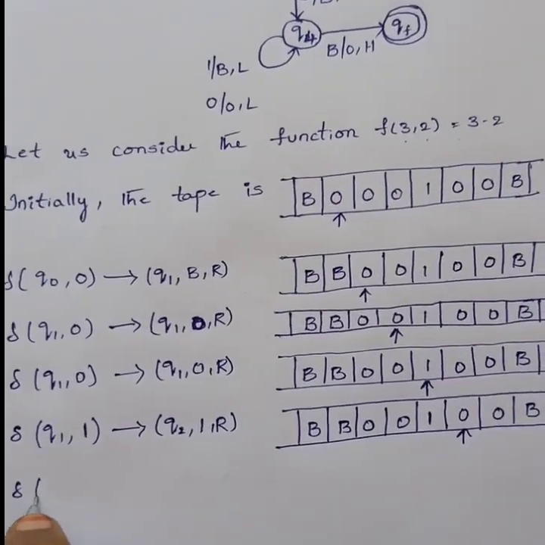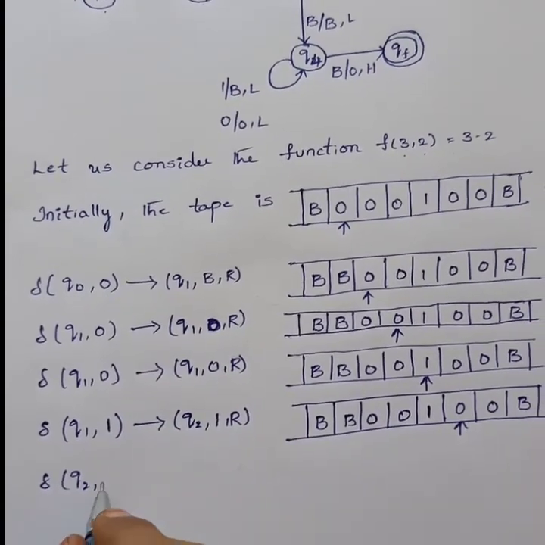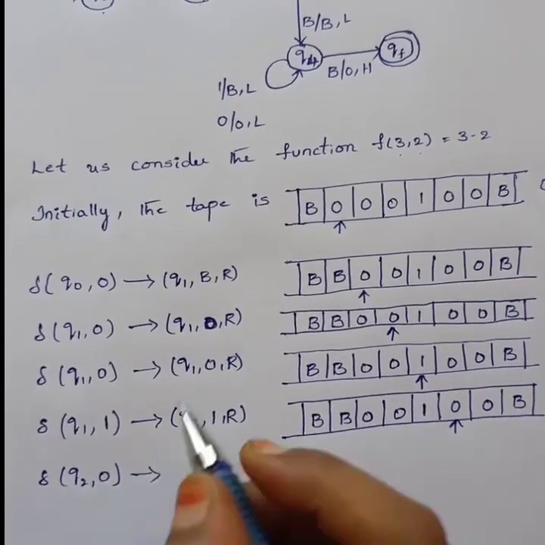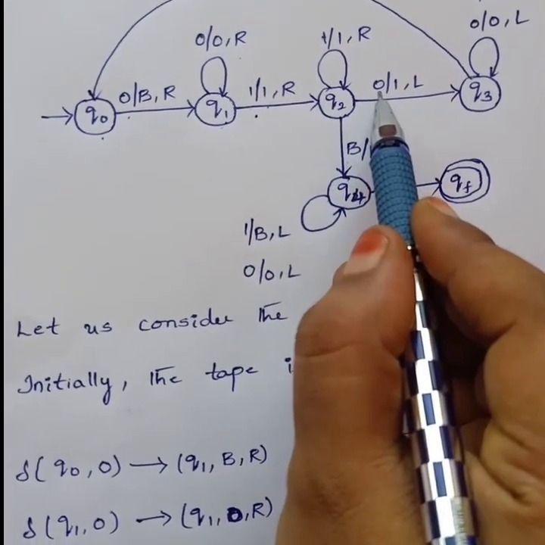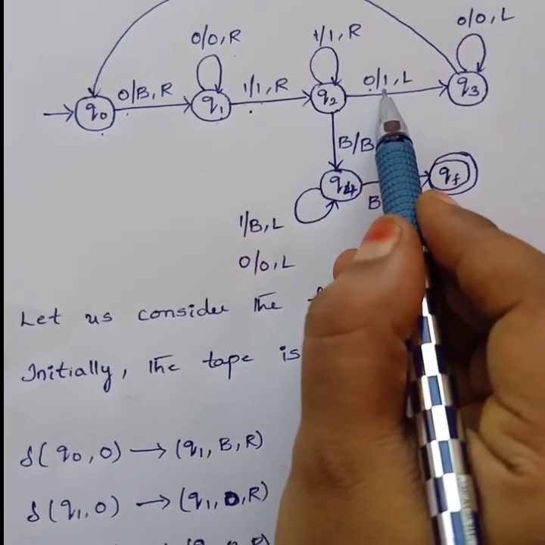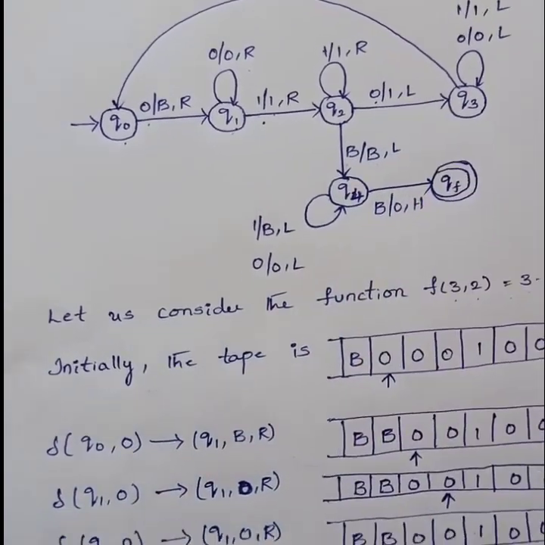Now I am in the Q2 state. What is the input here? 0. In the Q2 state, if I get 0, this 0 is rewritten as 1 and we move to left by changing the state.